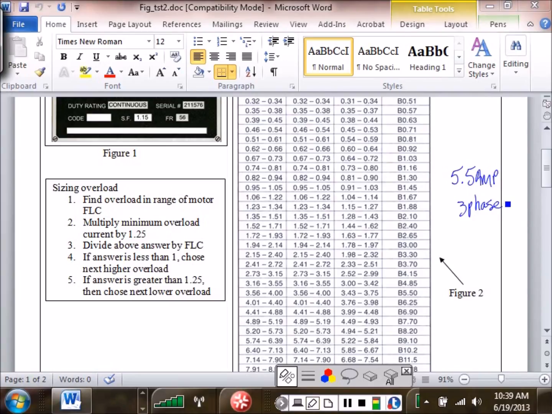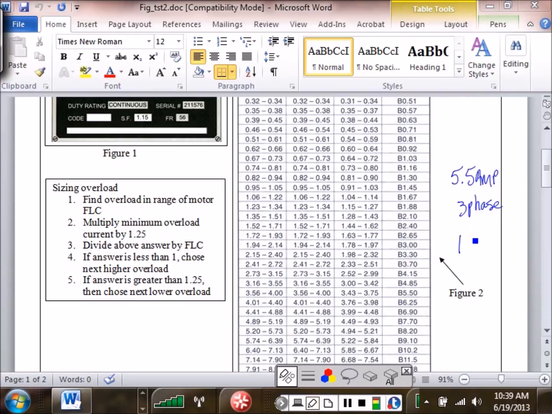Okay, number one, and let's say it's got a service factor of 1. I would multiply this times 0.9. If it's above 1, then I'm not going to have to do anything with it.